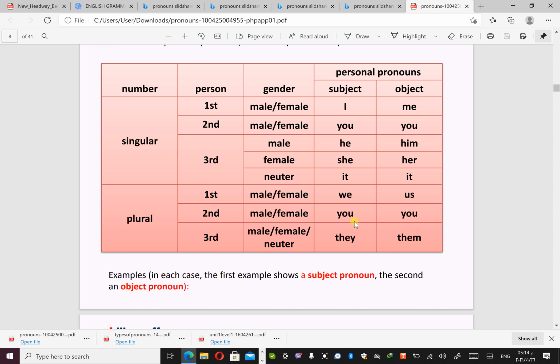While for object we use me, you, him, her, it, you, you and them. One thing you have to know: object pronouns come all the time after the verb and after the preposition. يعني أما تجي بعد الفعل أو تجي بعد حرف الجر. This is the difference.